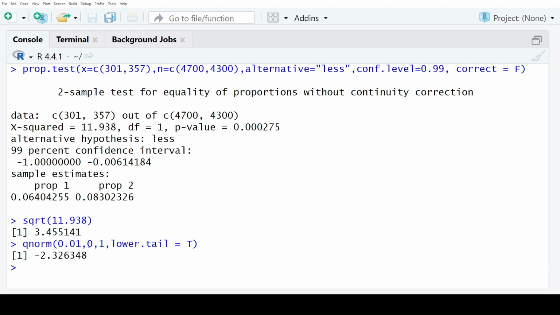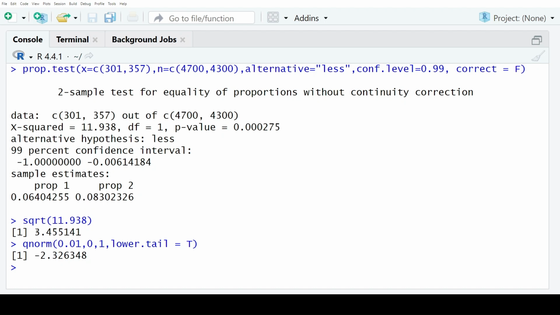And this actually does bring up a good point that I almost forgot to mention. But don't forget, this square root could be negative, and you won't be able to tell. But if I look at p hat 1 and p hat 2, if I do 0.064 minus 0.083, that's going to come out negative.